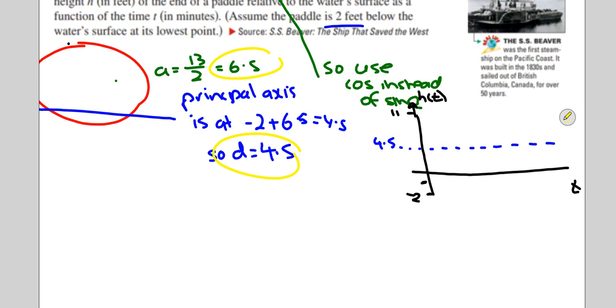It's halfway across, because everything's shifted 2 units down. It would have been 6.5, but because it's all been shifted 2 meters below the surface of the water, it's now 2 less than 6.5.